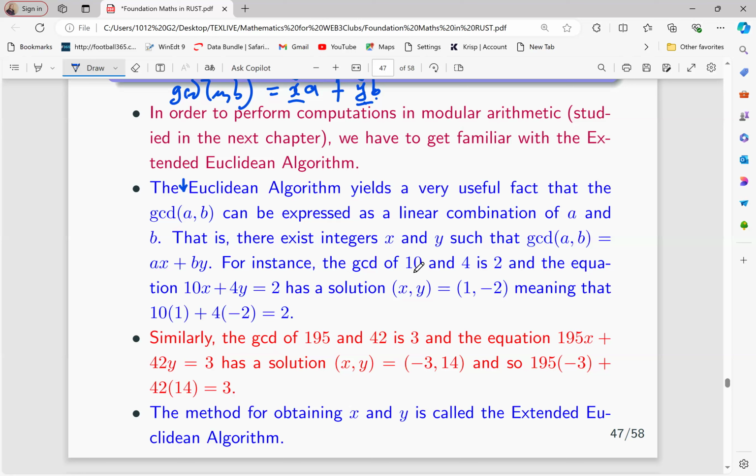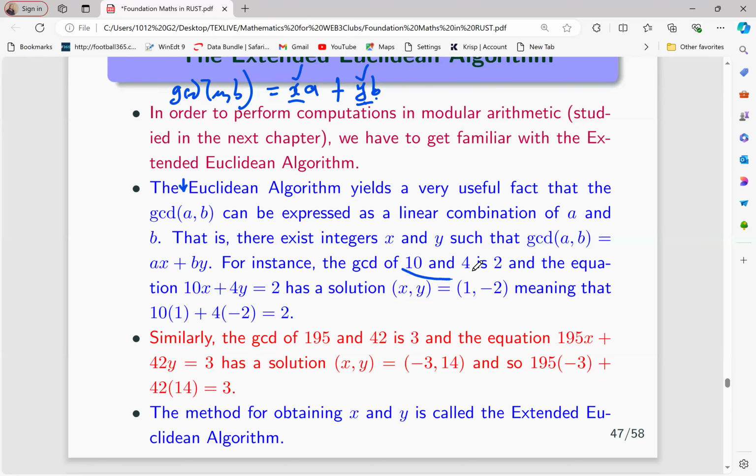For instance, supposing I'm talking of 10 and 4 as my two integers, and of course, I know that the GCD is 2. Can I write 2 in terms of 10 and 4? That is what the extended Euclidean algorithm does. After finding the GCD, it can write this GCD in terms of the two numbers.